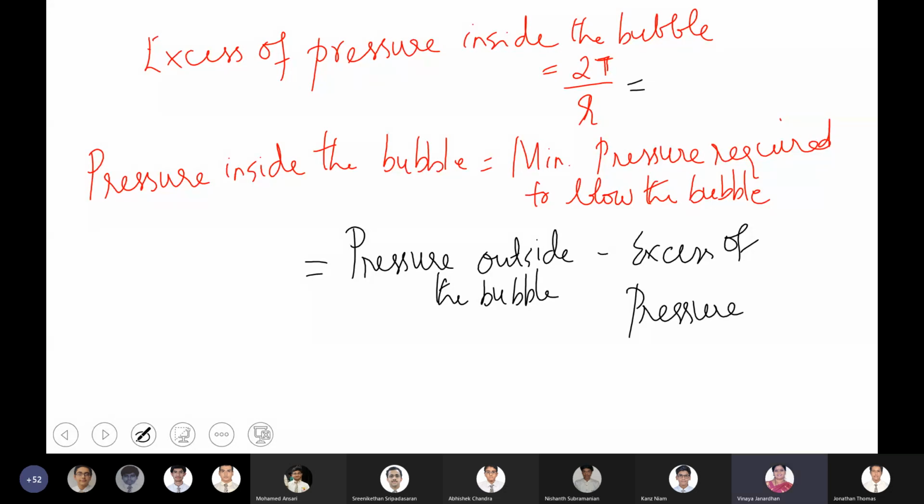Okay. Did someone calculate this? Shamshul, Siddharth, Steve? What was the excess of pressure inside the bubble? 2 into what is? Okay. What is surface tension? 7.3 into 10 to the power of minus 2. What is the radius? 1 into 10 to the power of minus 3 meter.